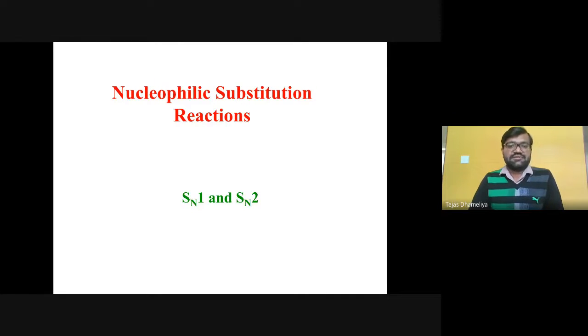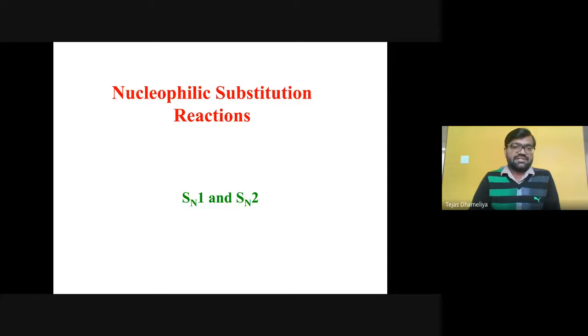In organic chemistry, majorly there are 4 types of reactions. These reactions include, let us say, substitution, addition, elimination, and rearrangement. So there are a total of 4 types of reactions which are generally observed in organic chemistry.